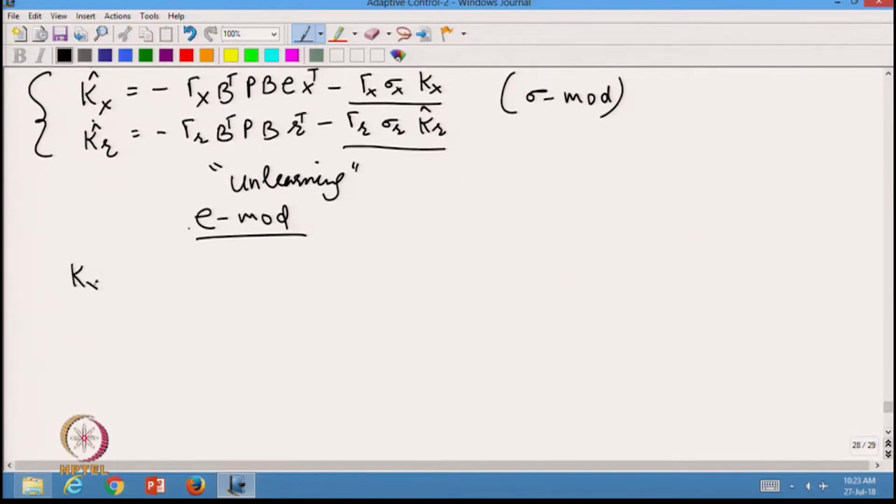So here, we slightly modify the sigma mod term, and we use the tracking error norm.